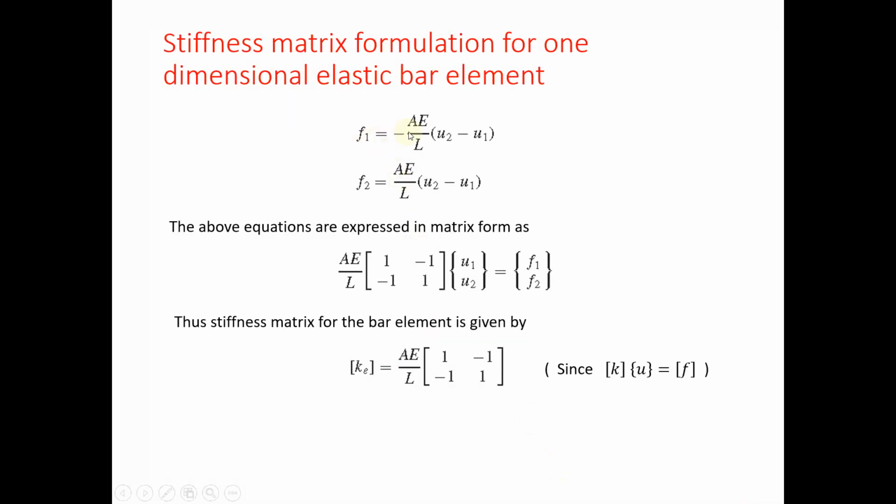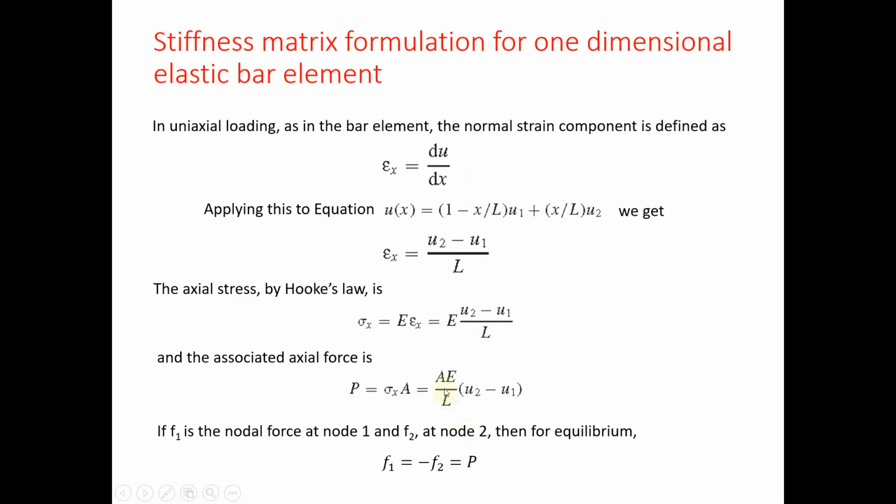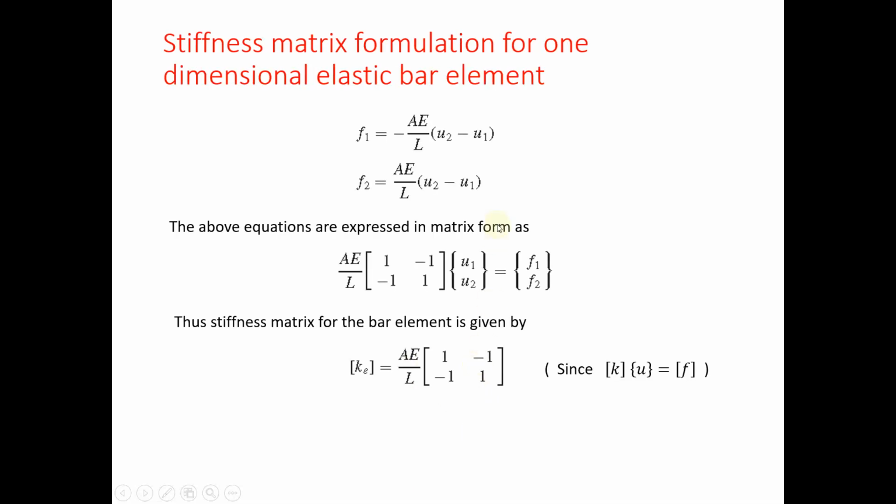So F1 is minus AE by L into U2 minus U1. So P value നമുക്കറിയാം, P value എന്ന് പറയുന്നത് AE by L into U2 minus U1 ആണ്, and F1 is equal to minus of F2, അതിൻ്റെ മൈനസ് വാല്യൂ ആണ് എടുക്കുന്നത്. So minus AE by L into U2 minus U1, and F2 will be equal to AE by L into U2 minus U1. അപ്പോൾ ഒരെണ്ണം നെഗറ്റീവ് വാല്യൂ ഒരെണ്ണം പോസിറ്റീവ് വാല്യൂ ആയിരിക്കും, കാരണം ഇത് സം ചെയ്യുമ്പോൾ it should be equal to 0.